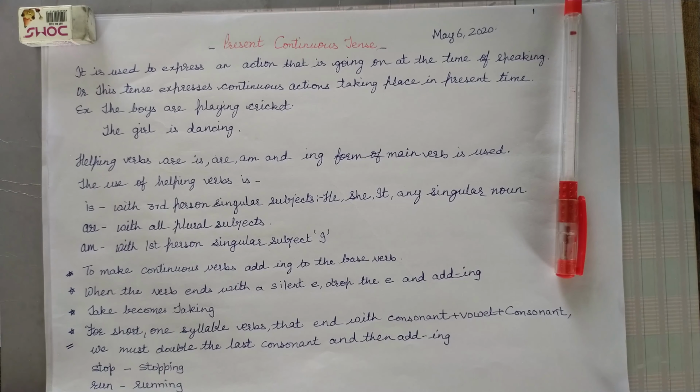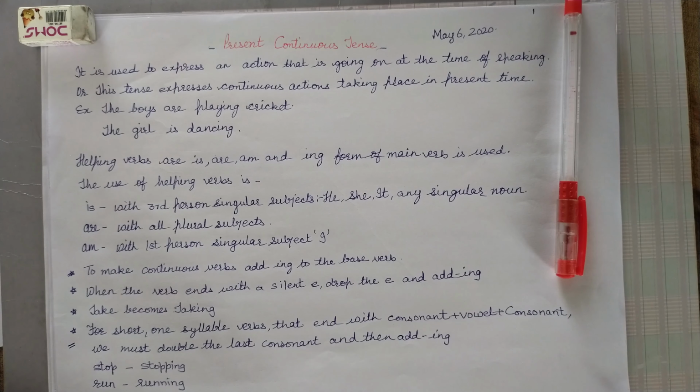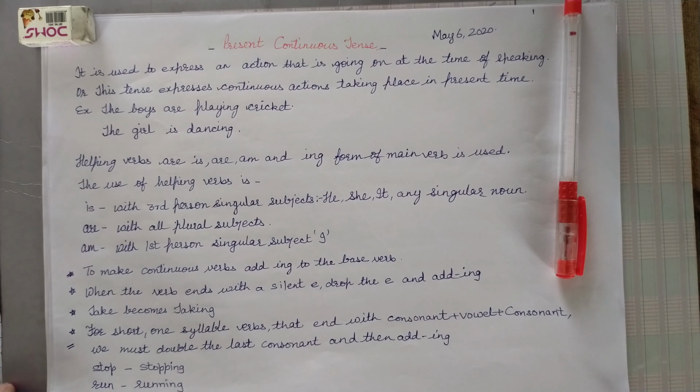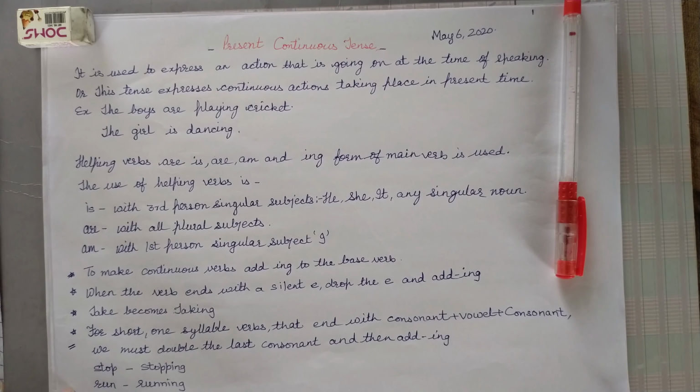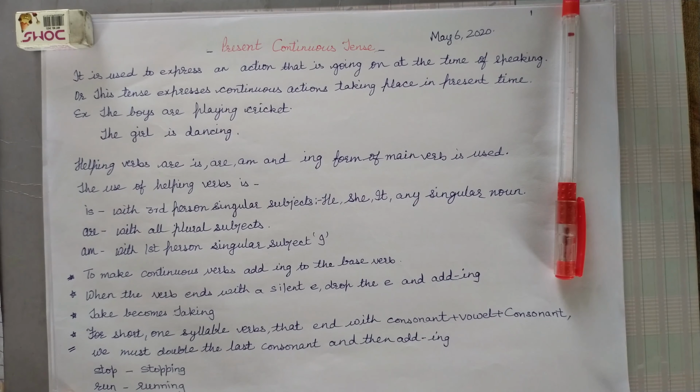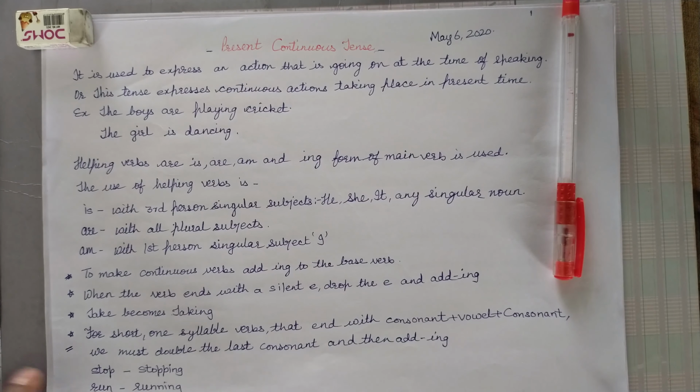I hope you have understood this tense and the tense we discussed yesterday, that was simple present tense. But let me make you sure about the points that make clear the difference between the simple present and present continuous.